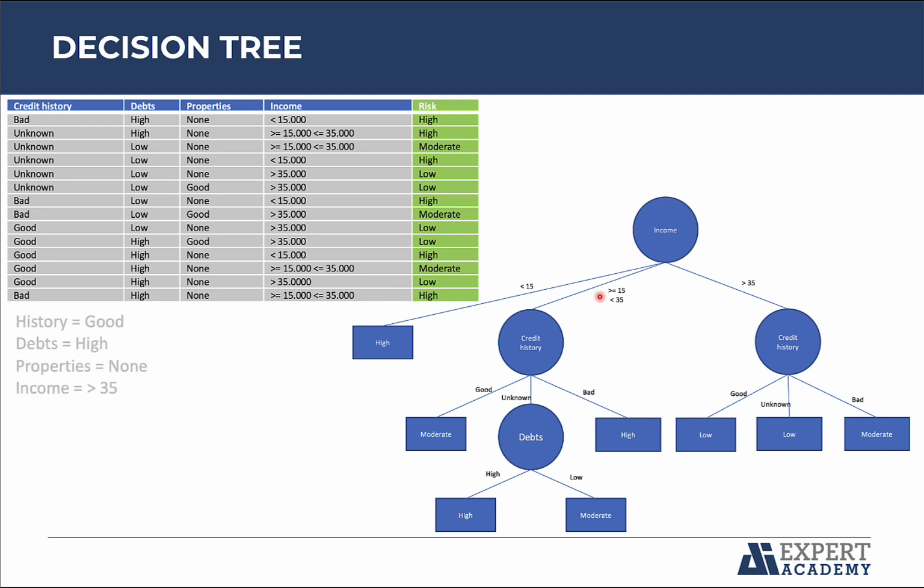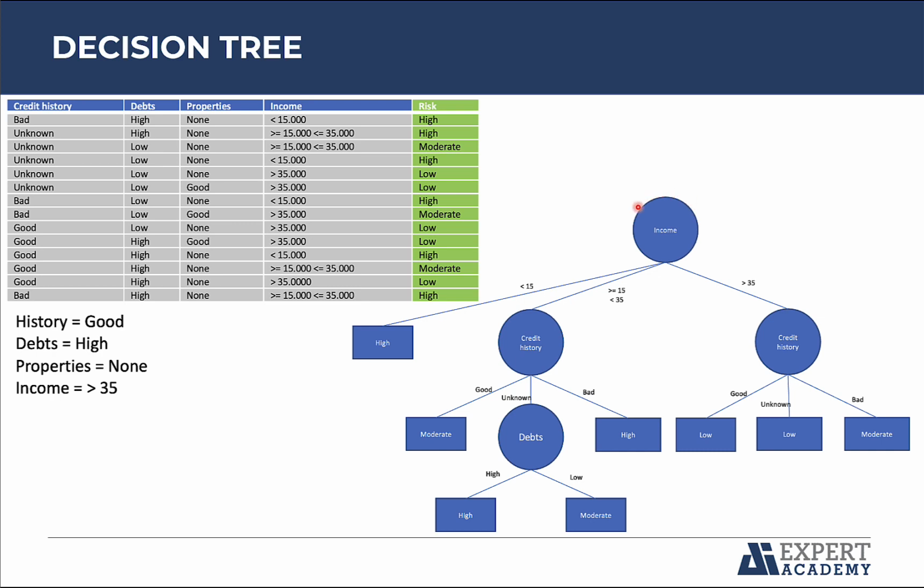Let's suppose a new customer has just arrived in the bank and he or she is requesting a loan. The history is good, debts high, properties none, income greater than 35. Now we just need to follow the tree.